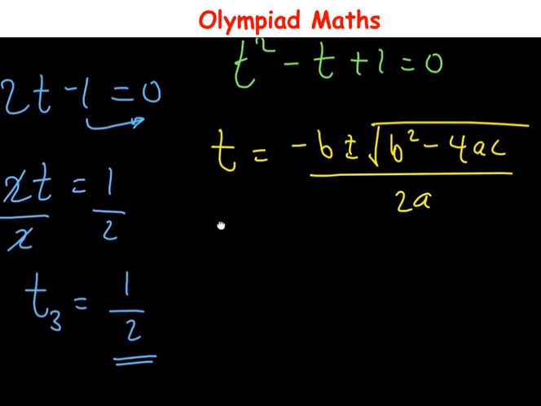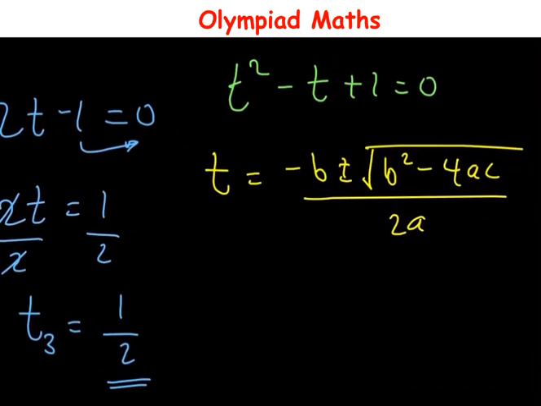So this is the quadratic formula. And by the way, the value of a in this equation is 1, the coefficient of t squared. The value of b is the coefficient of t, which is minus 1. And the value of c is equal to the constant, which is plus 1.